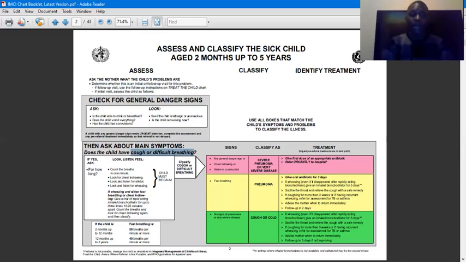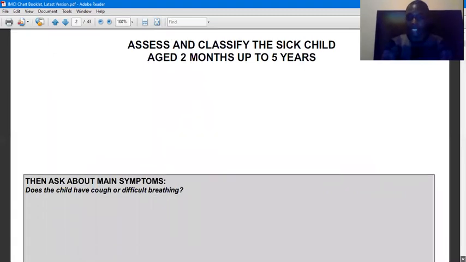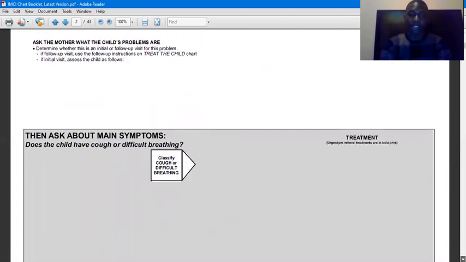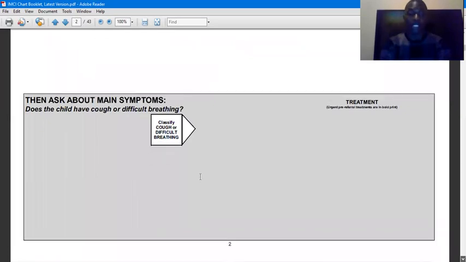According to IMCI, if a child comes with a symptom of cough or difficulties in breathing, the first thing you need to do is assess for the following. Let me just increase the font so that you may be able to see.